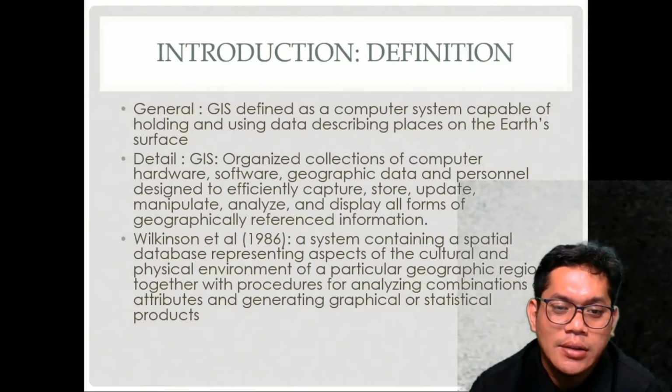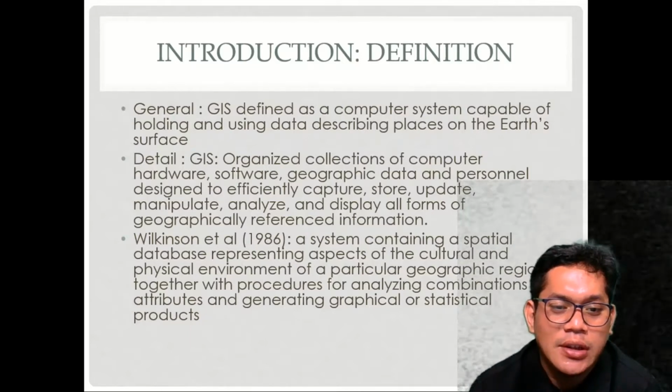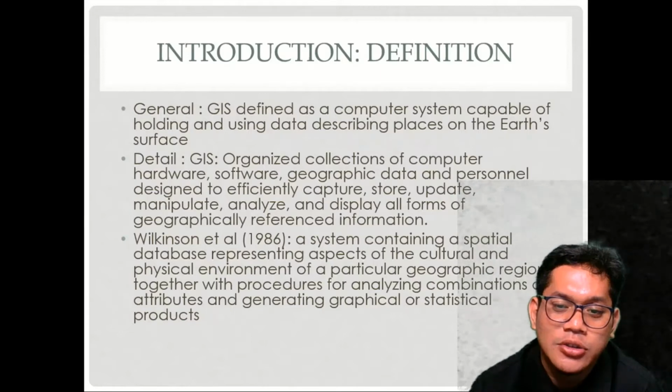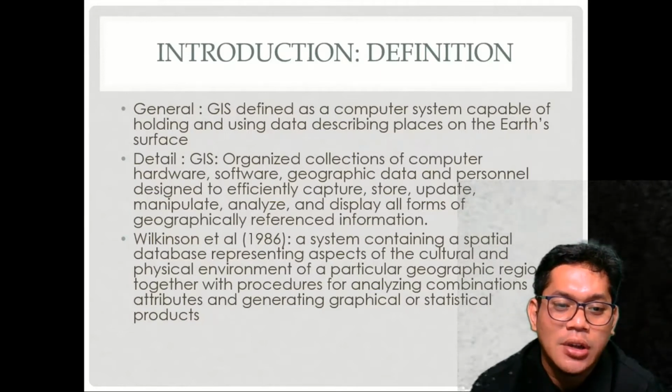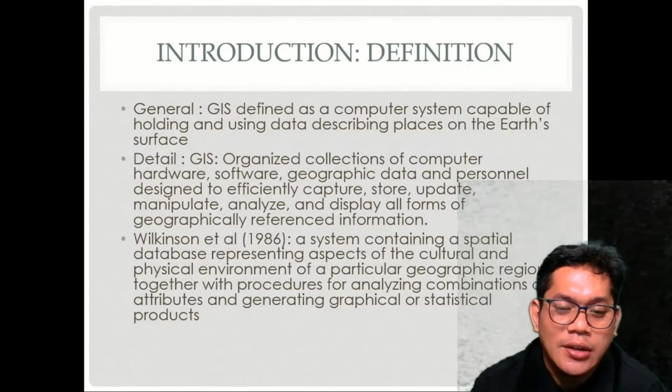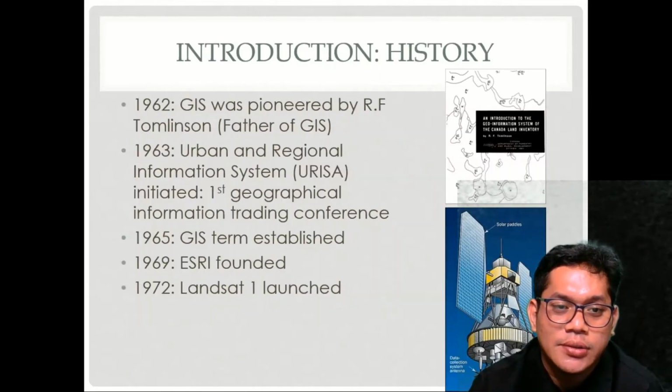Wilkinson stated that GIS is a system containing a spatial database representing aspects of the cultural and physical environment of particular geographic regions, together with procedures for analyzing combinations of attributes and generating graphical or statistical products.